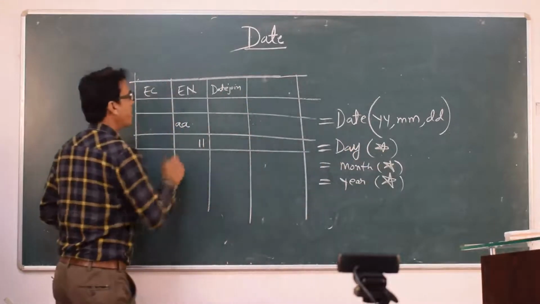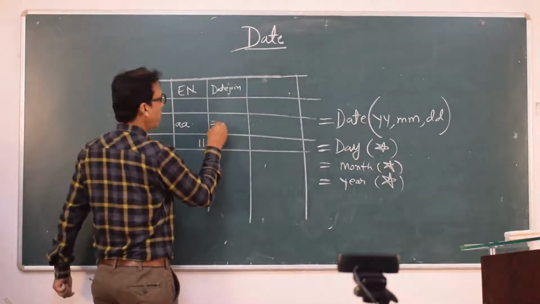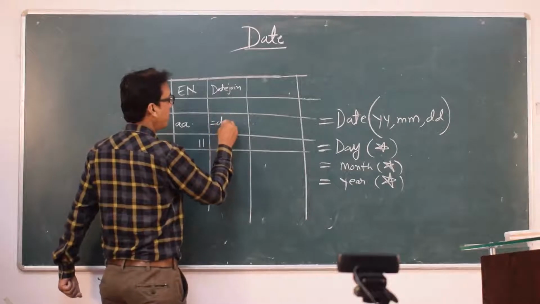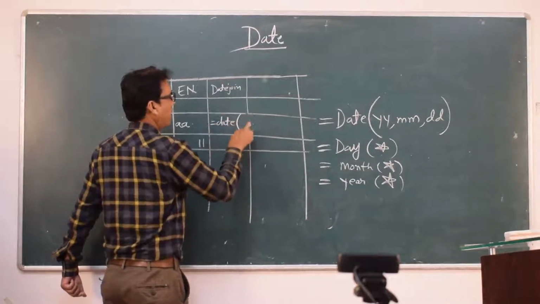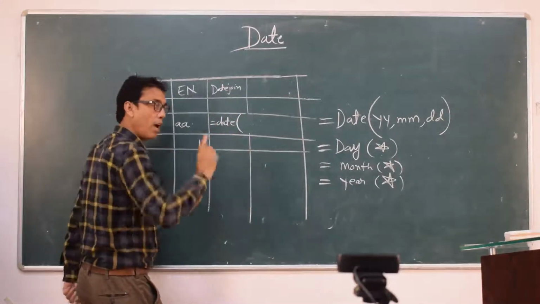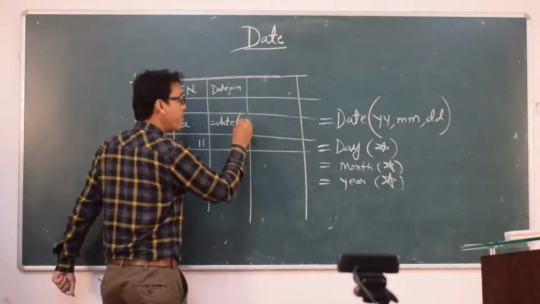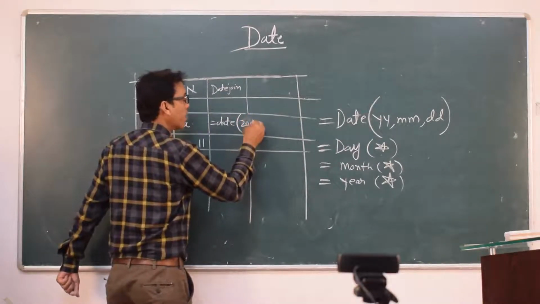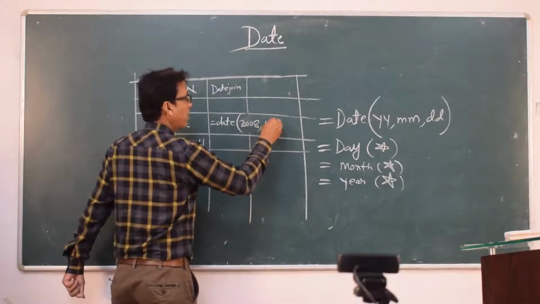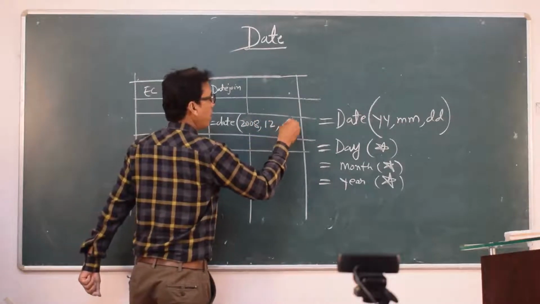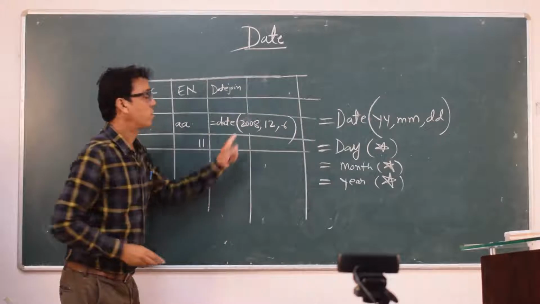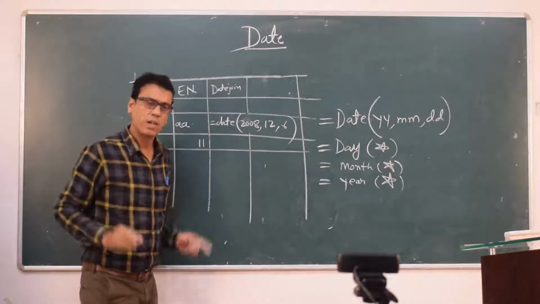Take the example here. Suppose here I am entering a date, and my date of joining is, suppose, YYMMDD 2008, 6th December of 2008, right?